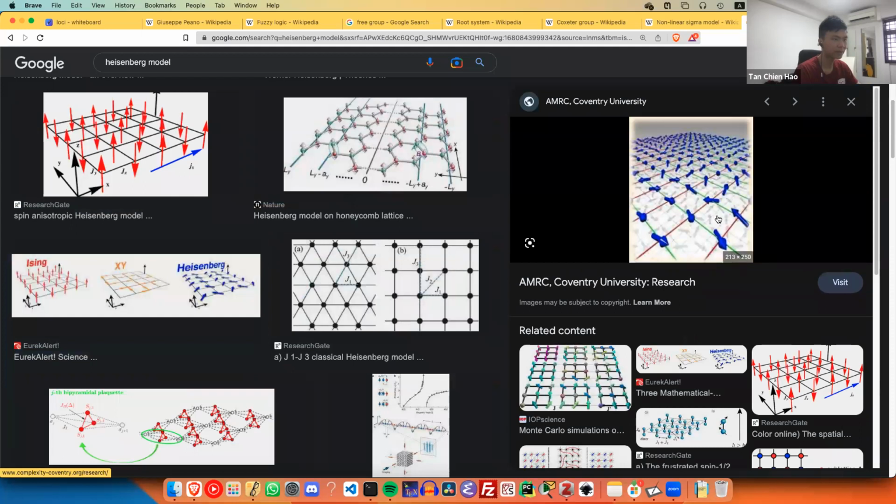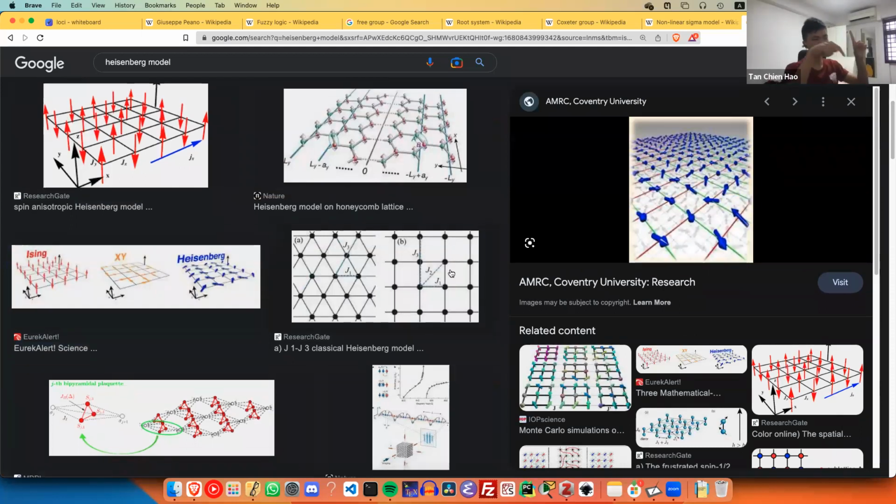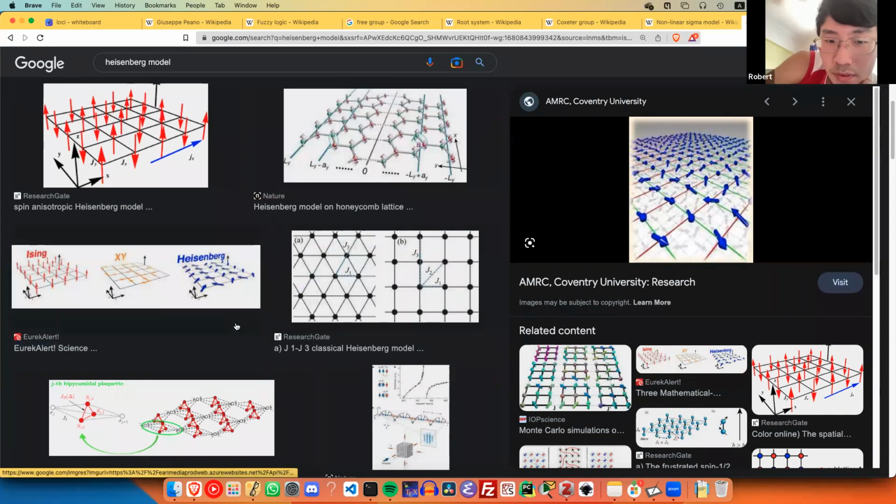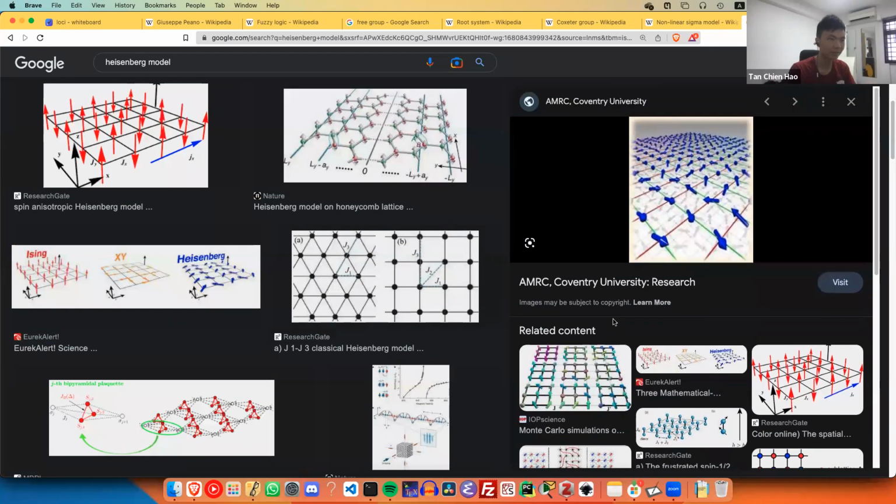Every point in space, this is a 2D one, you have a small arrow. And if the arrows at two different locations side by side are in opposite directions, maybe that's lower energy. If they are the same direction, maybe that's higher energy. Then you're asking questions like what is the lowest energy of all the configurations? You want to find the lowest energy configuration among all the many possible ones.